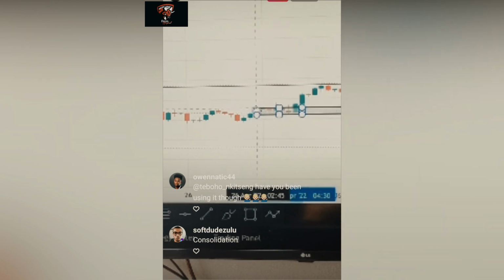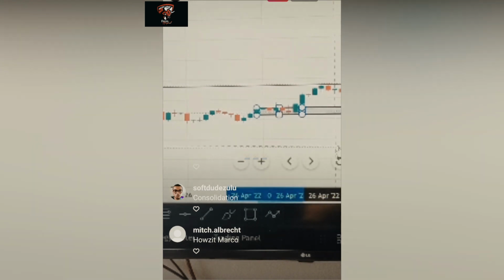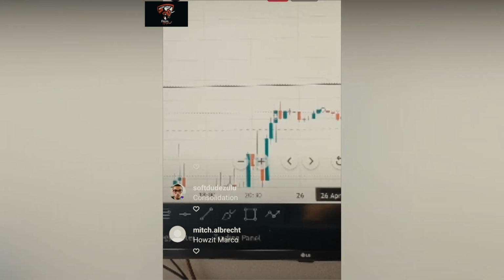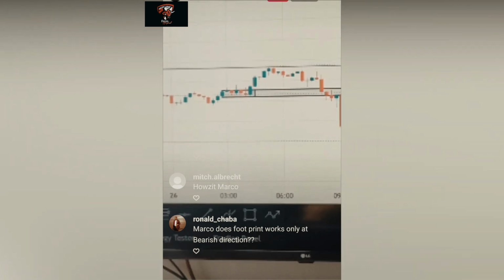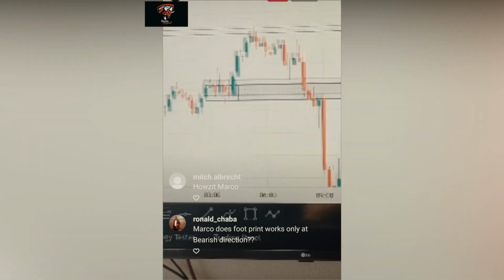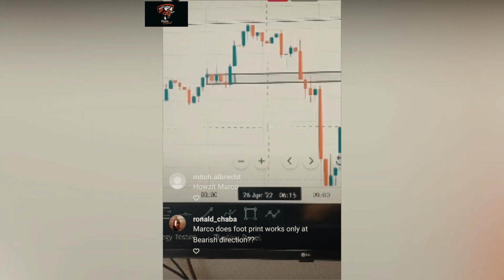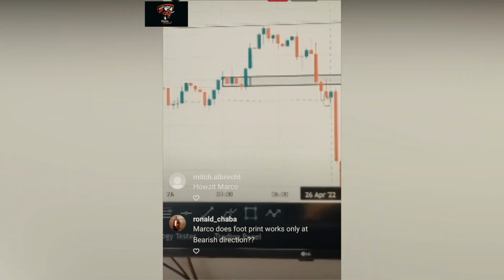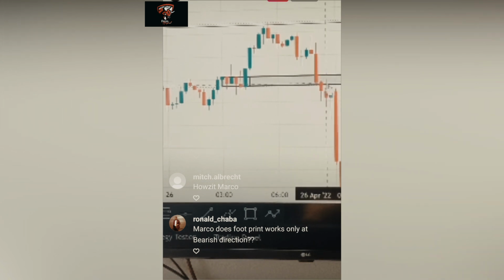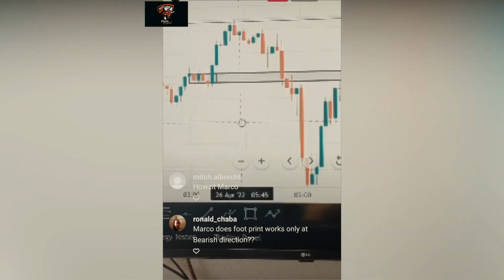Wait, that's not the contraction box. Oh, no, it is. There it is there. There's your contraction box. Price tapped into that level perfectly, and then price moved away.